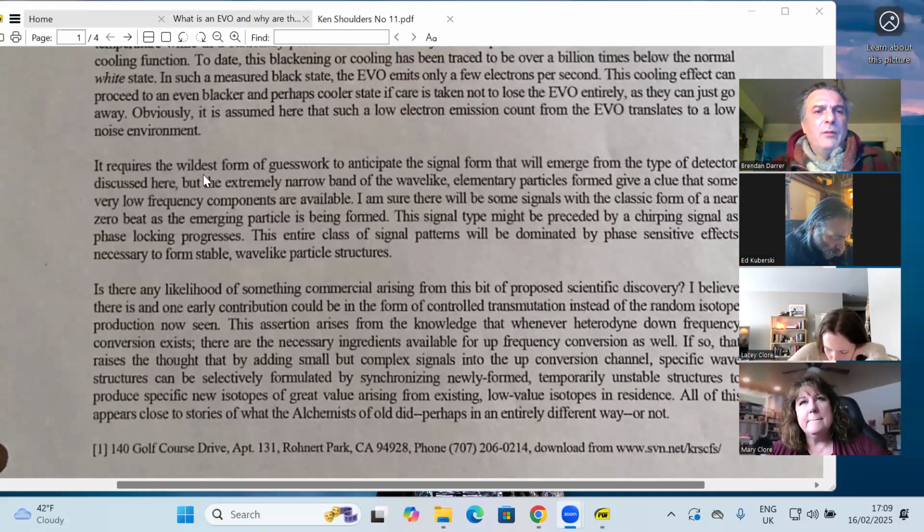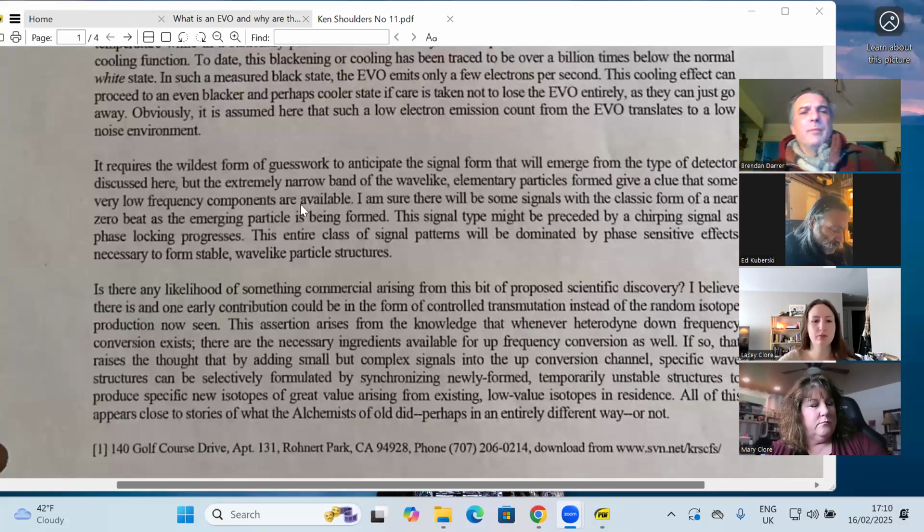It requires the wildest form of guesswork to anticipate the signal form that will emerge from the type of detector discussed here. But the extremely narrow band of wave-like elementary particles formed give a clue that some very low frequency components are available.